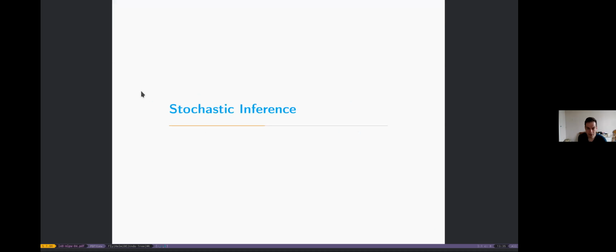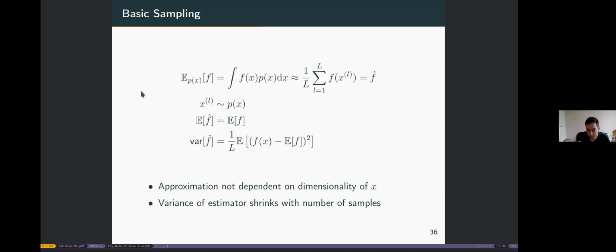Cool. So I'm going to first talk a little bit about stochastic inference. There are two main lines of thinking about inference: the first one is stochastic, and afterwards we're going to talk about deterministic approaches. When you do stochastic inference, the problem that we set up is that we have some integral here that we can't compute. The idea of stochastic inference is that we replace this integral with a sum instead.